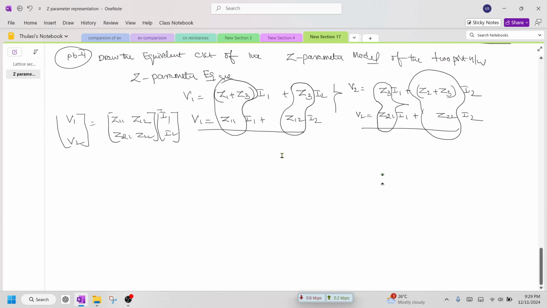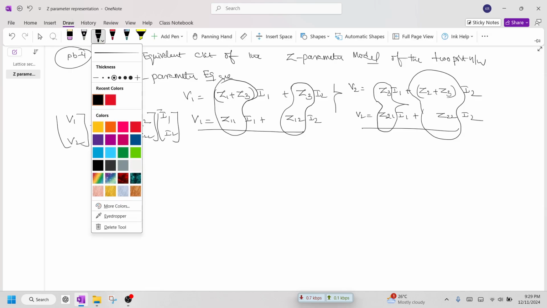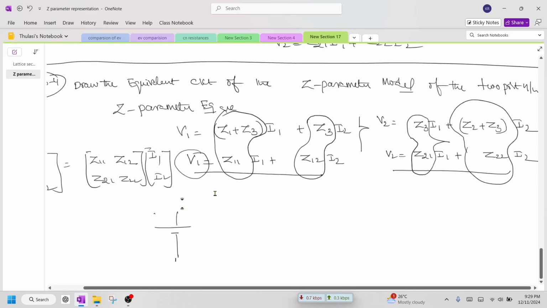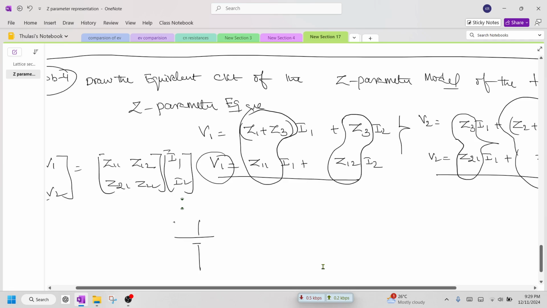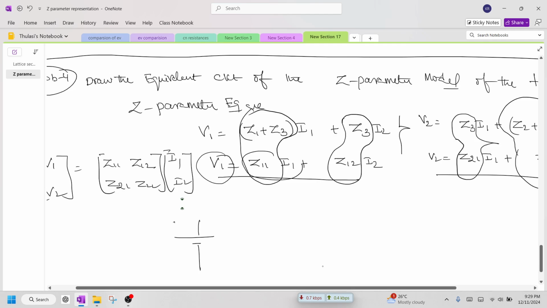So solving the concept here, how to draw this equivalent circuit: we have a voltage source of V1, and within the branch, what is the impedance offered? The impedance we are going to write down as Z11.